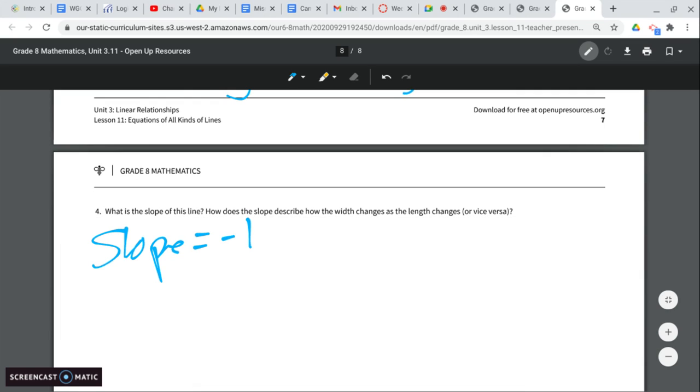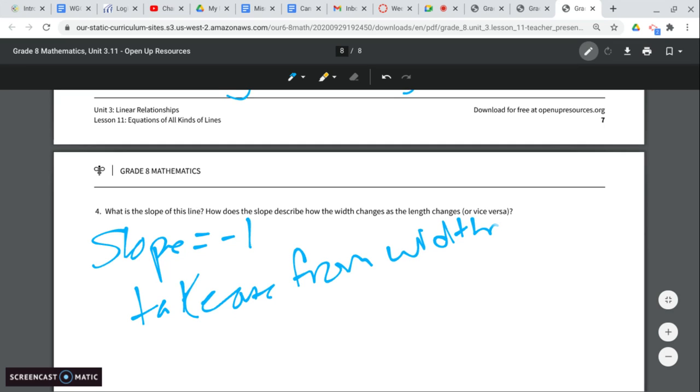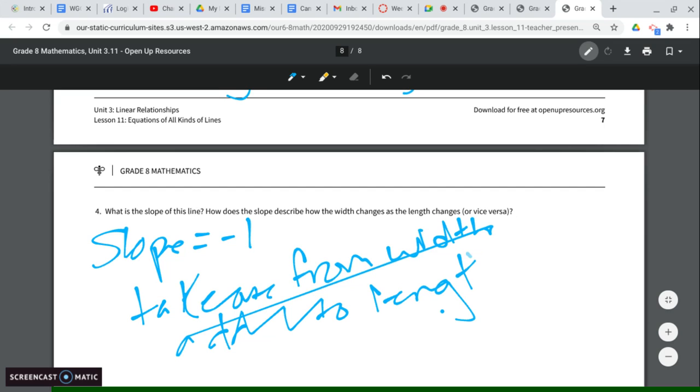And it means if you take 1 away from the width, we have to add 1 to the length. So take 1 from width, add 1 to length. So there's a relationship here.